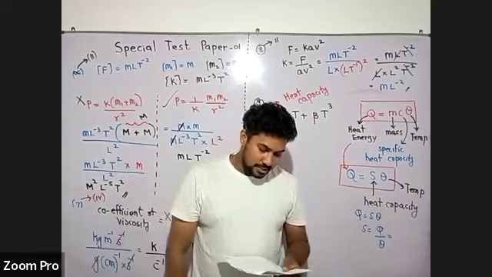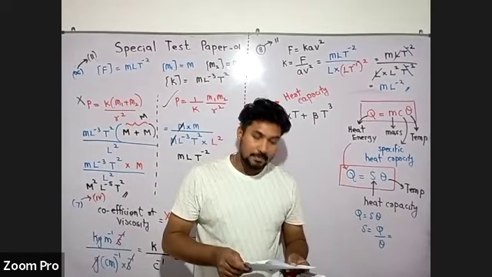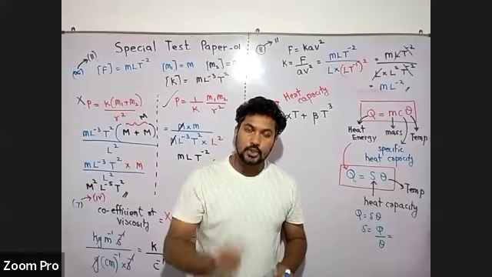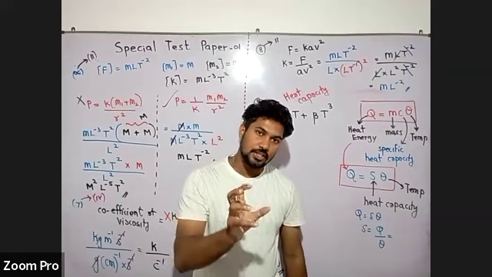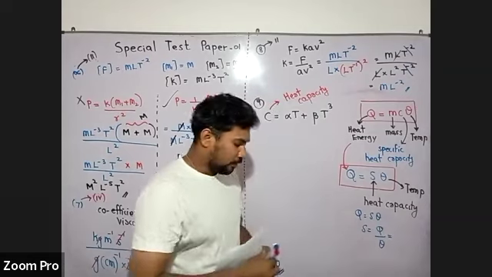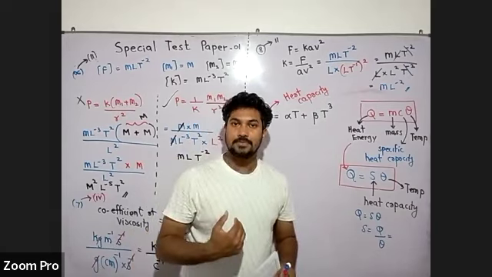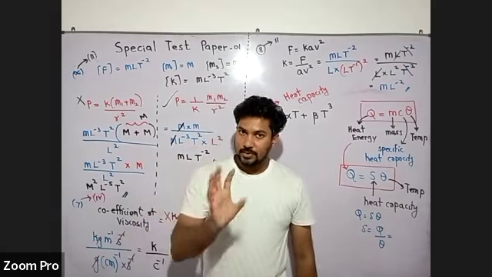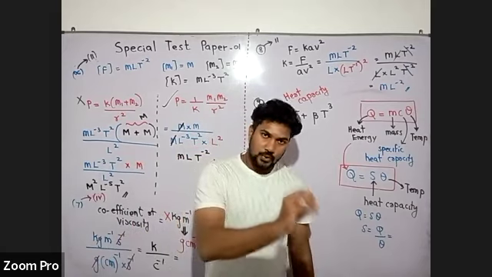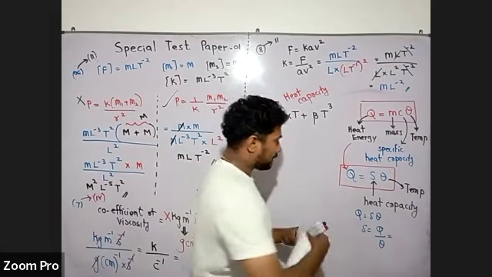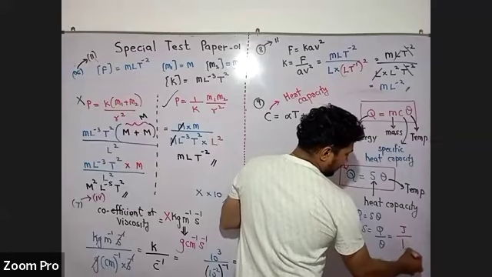Here, if you go through the answers, you can see they mention J. J means joule, and you know that joule is a unit used to measure energy. So in this question, you have to substitute joule as the unit of energy. Now the unit of temperature is obviously Kelvin.